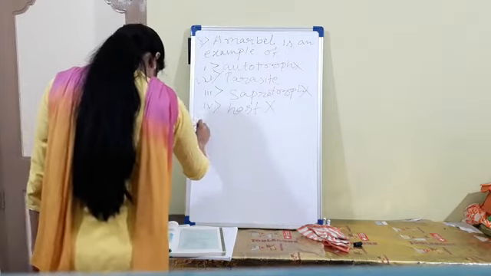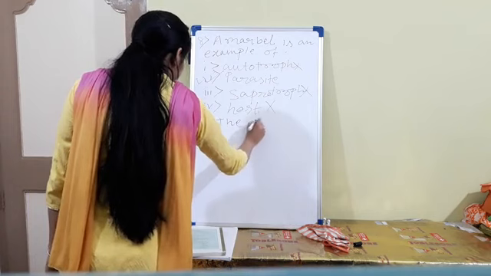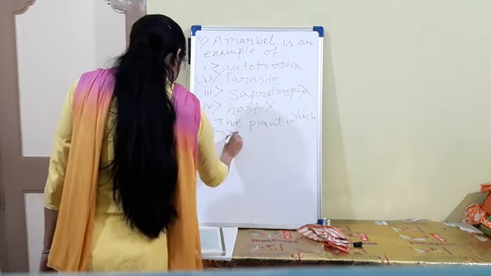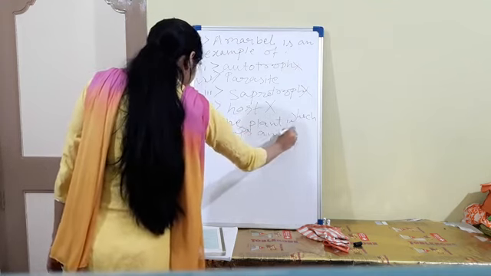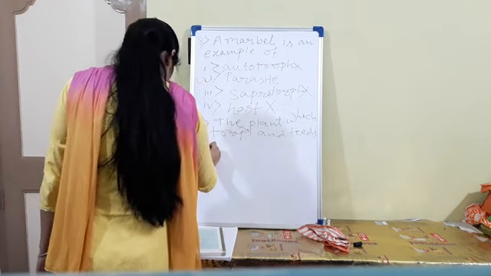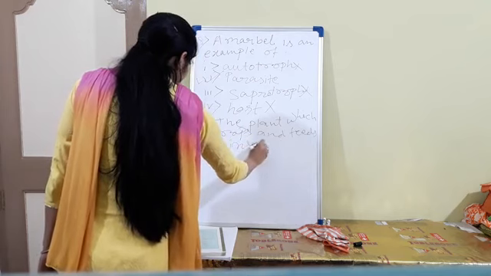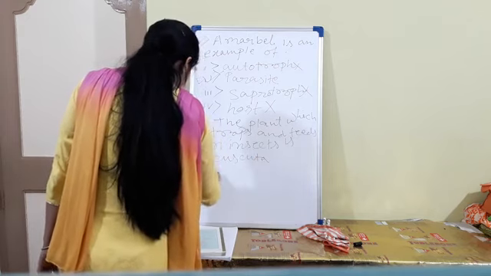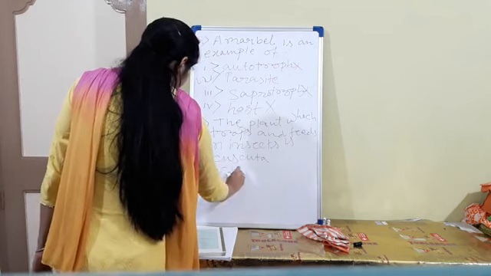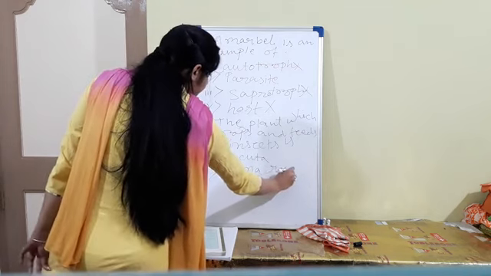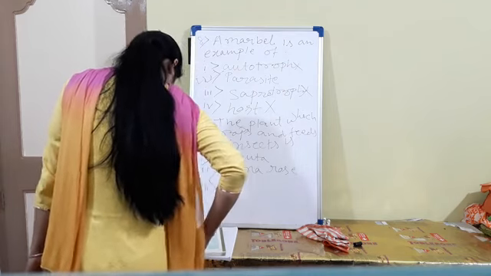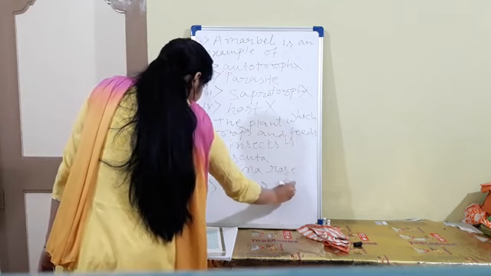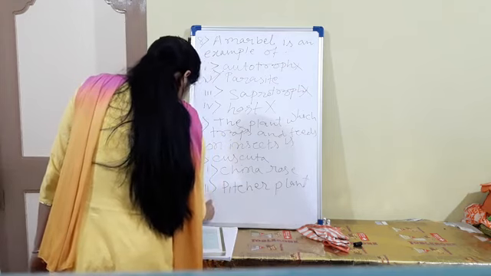And number 2, B: the plant which traps and feeds on insects is 1, Cuscuta, 2, China rose, number 3, pitcher plant, number 4, rose.